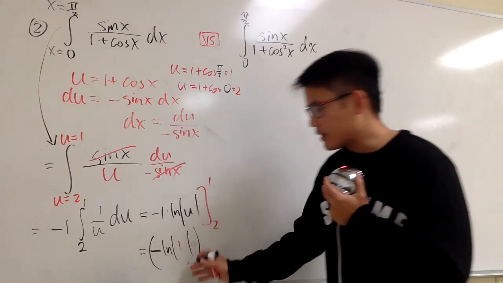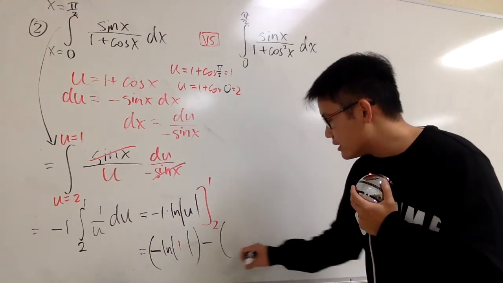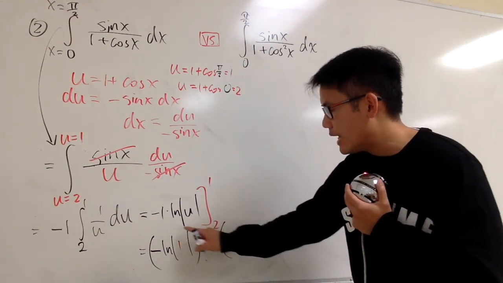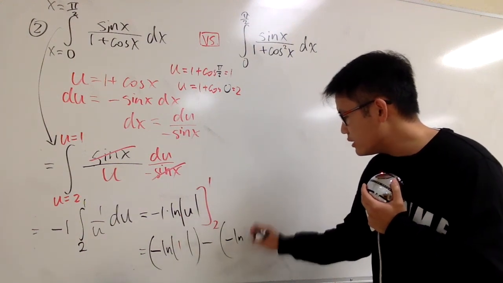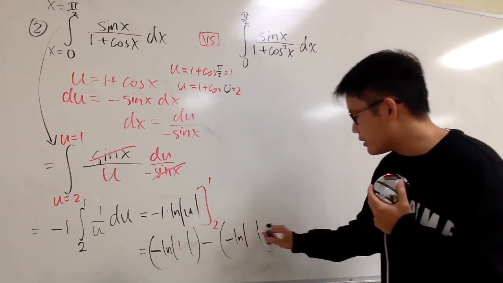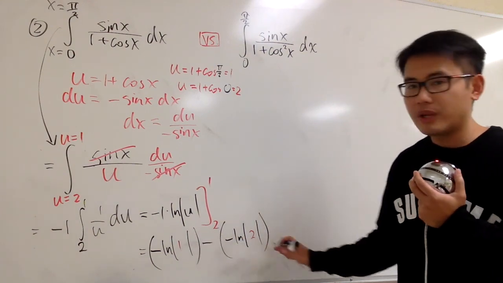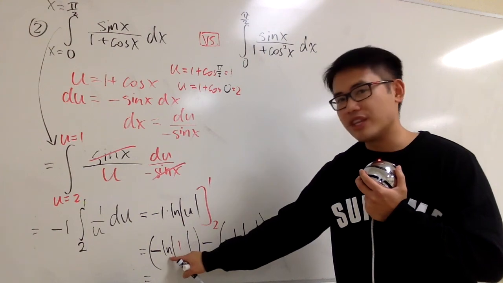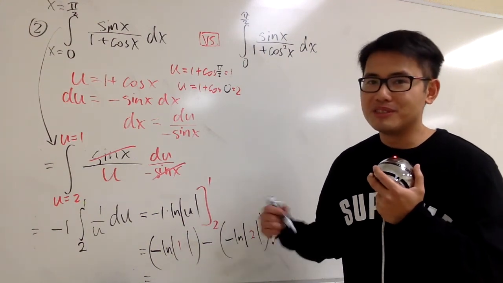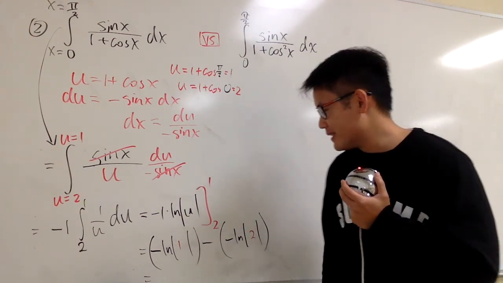This is the first part, isn't it? And then minus, I have to plug in 2 into here. I will end up with -ln absolute value 2 in here. So this is what we have. Okay, so let's work this out. What's ln of 1? ln 1 is 0, so this is just 0.